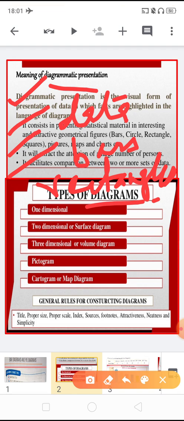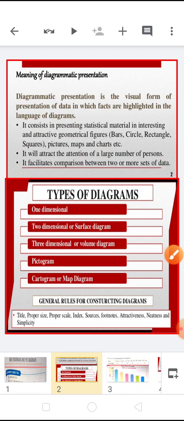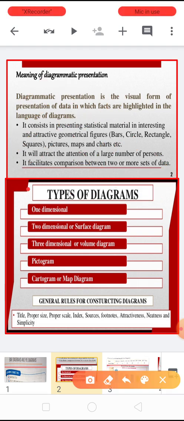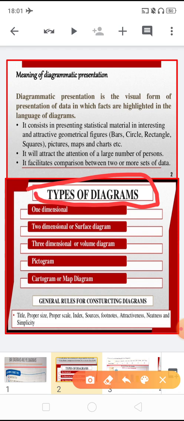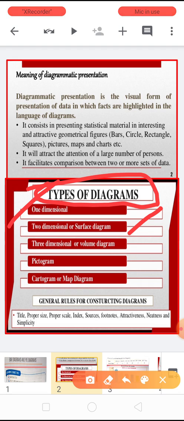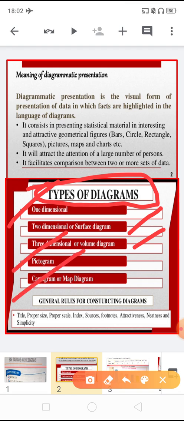Now we are going to learn the various types of diagrams. Children, the various kinds of diagrams are being classified into various categories. Like the first one is one dimensional diagrams, second is two dimensional or surface diagrams, third is three dimensional or volume diagrams, fourth one is pictogram, fifth one is cartogram or map diagram.